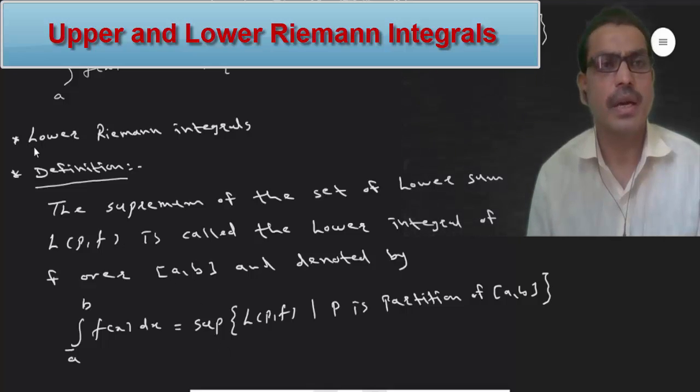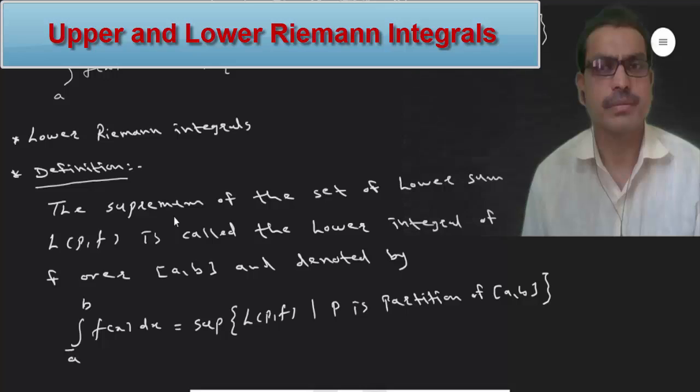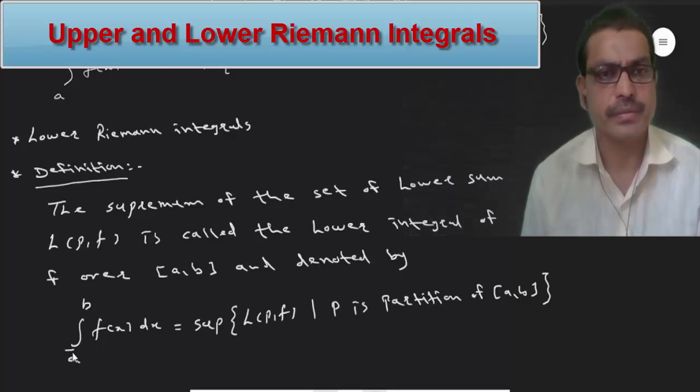See, in the lower Riemann integral, the supremum of the lower sums is called the lower integral of f over the closed interval [a, b], and it is denoted by the integral of f(x) dx over [a, b], with a bar on the lower side of the integral.